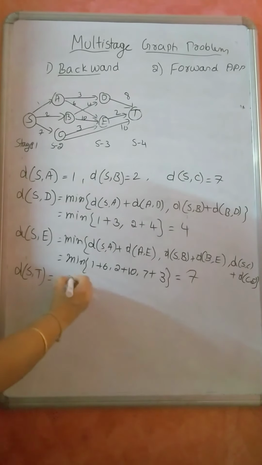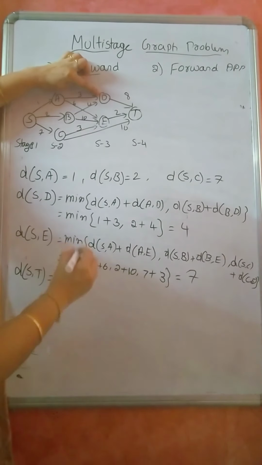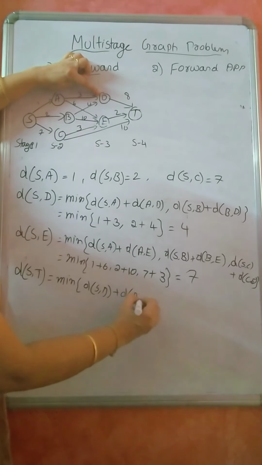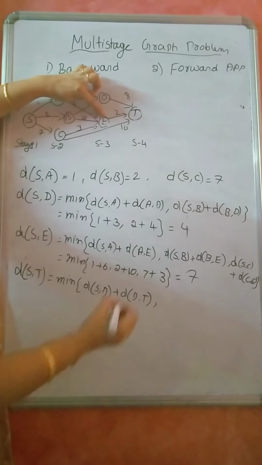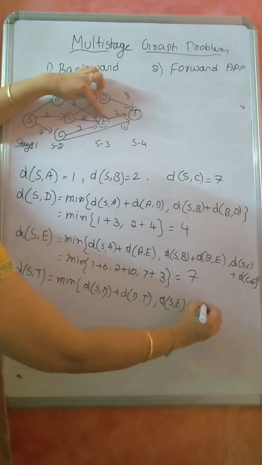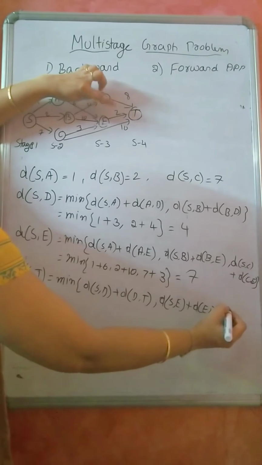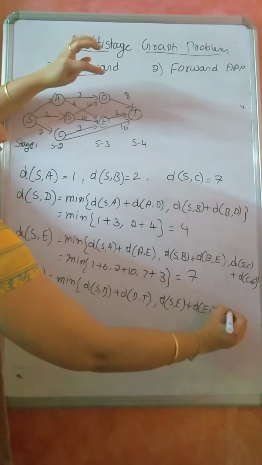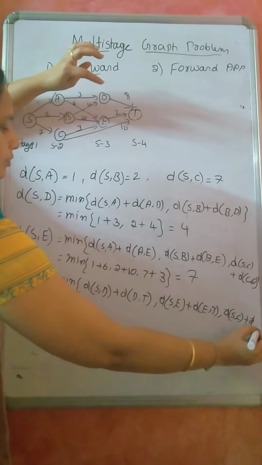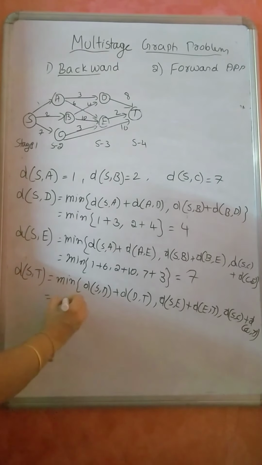So it is the minimum of: edges from D, so distance from S to D plus distance from D to T. One more incoming edge is from E, therefore distance from source to E plus distance from E to T. One more is from C, so distance from source to C plus distance from C to T. So it is equal to the minimum of: source to D, already computed, 4 plus distance from D to T, 8.